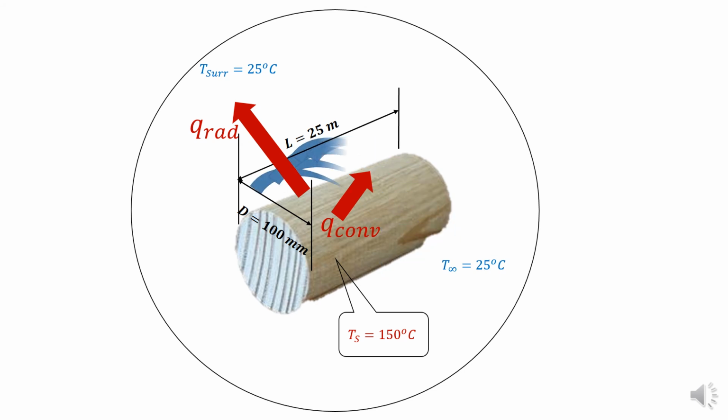The mode of heat transfer between the pipe and the surroundings is radiation, and the mode of heat transfer between the pipe and the air is convection. In the problem statement, the convection coefficient associated with this natural convection is 10 watt per meter square Kelvin.